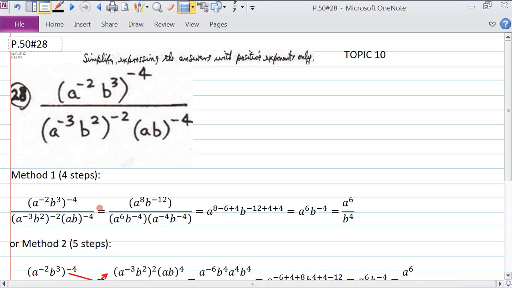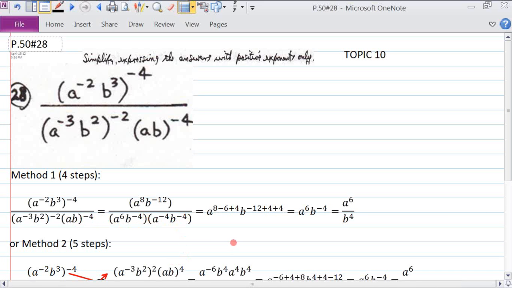So I get a to the 8th, b to the 3 times minus 4 gives me b to the minus 12. a to the minus 3 times minus 2 gives me a to the plus 6. b squared, 2 times minus 2, gives me b to the minus 4. Here, there's a to the 1 and b to the 1, even though we don't write it in. So 1 times minus 4 gives me minus 4, and for the b, 1 times minus 4 also gives me minus 4.